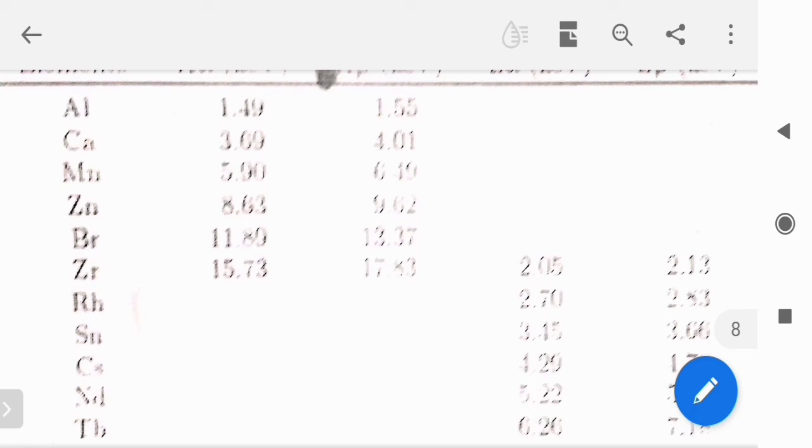Okay, so that problem can be resolved separately. The presence of two strong KL lines can be used to remove the interference for the heavier elements. For example, for the determination of lead and arsenic by using the L beta component, we can separately make the intensity ratios of lead and arsenic for the L beta lines, and we can estimate which line corresponds to the lead and which line corresponds to the arsenic.